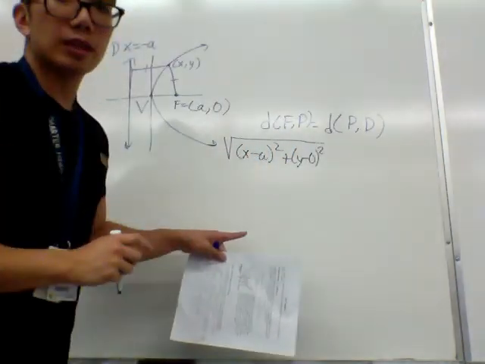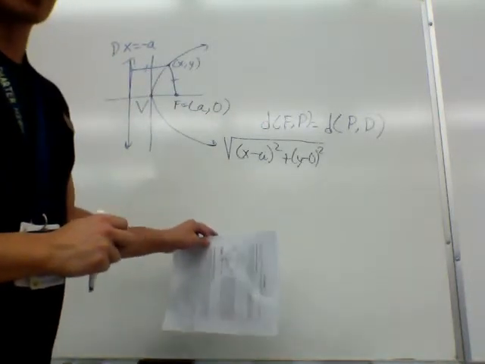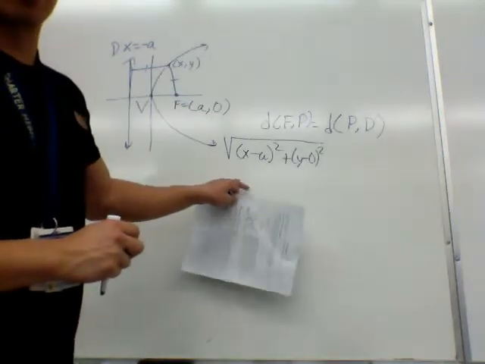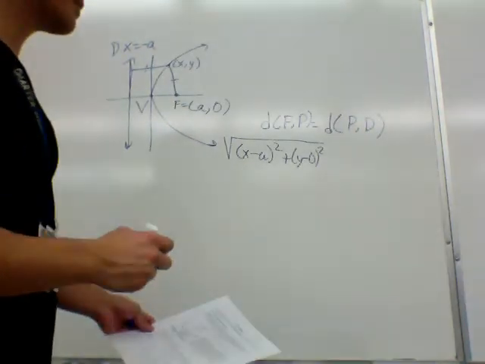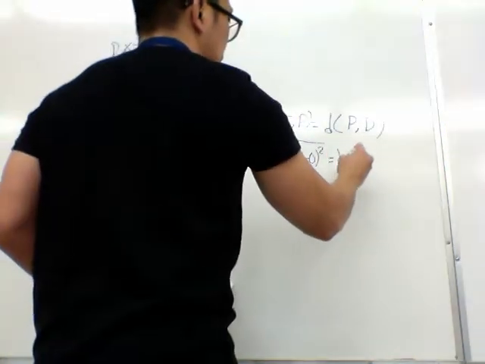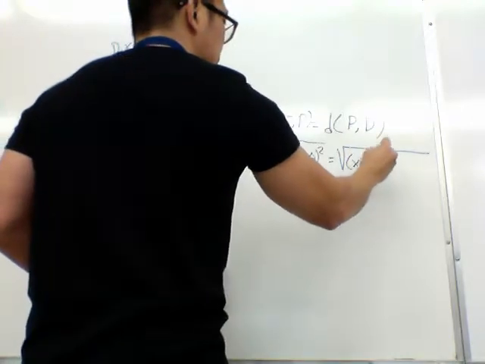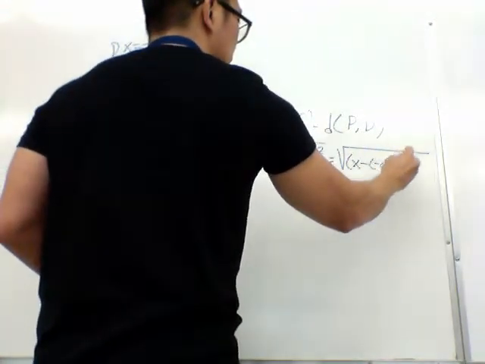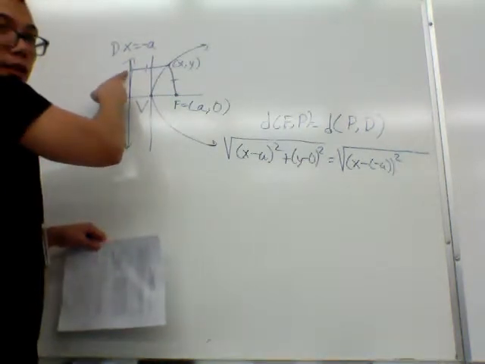Now, we're only going to do this derivation one time. Then when we do the examples, you don't have to go through this step. We're just going to derive the formula that we're going to be using every single time. Now, the distance to the directrix, if I do the distance formula, is going to be the square root of (x minus negative a) squared, because remember, the x value here is negative a.